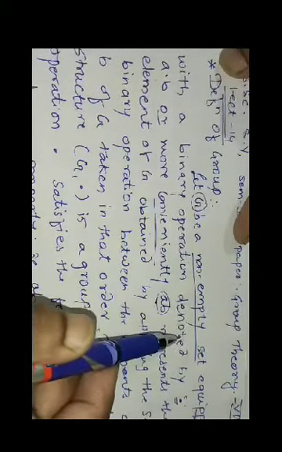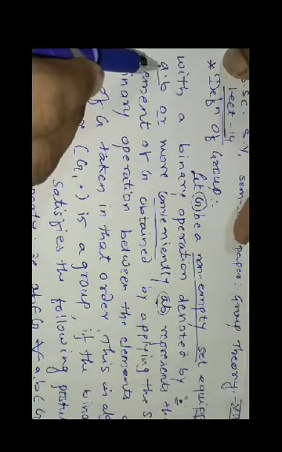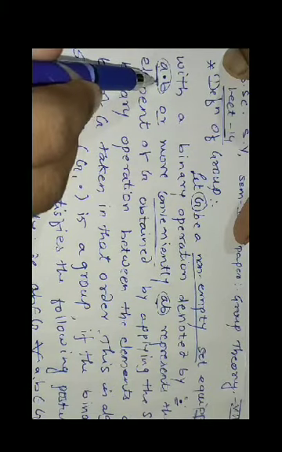So here G is a non-empty set and dot is the binary operation, and then A dot B means element A, binary operation dot, and element B. But it is not convenient to write it frequently.